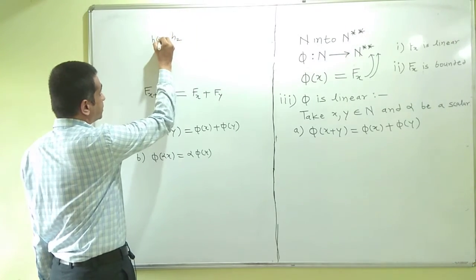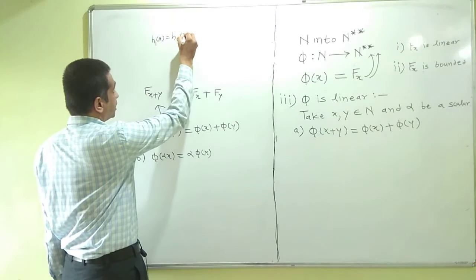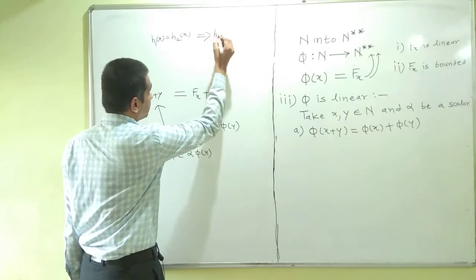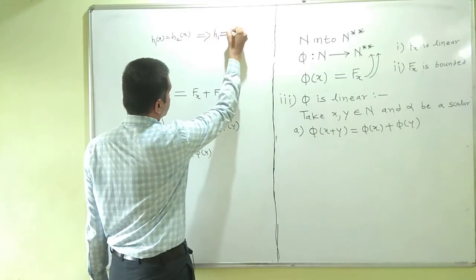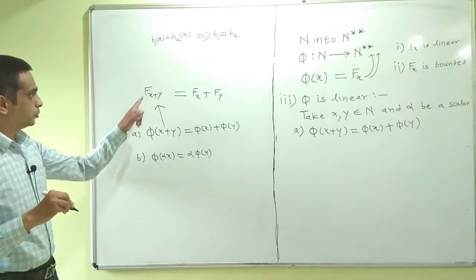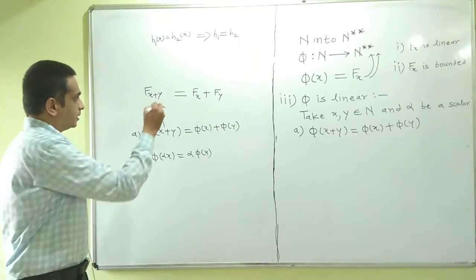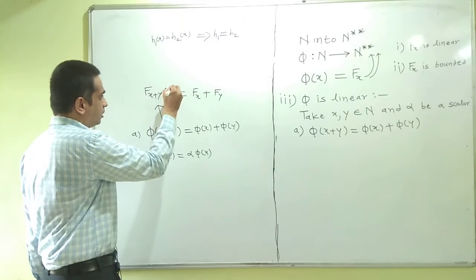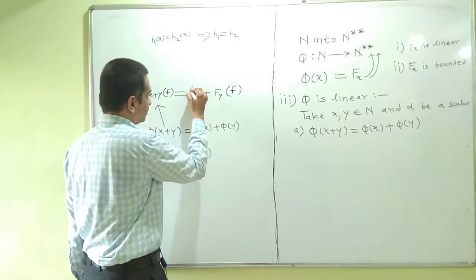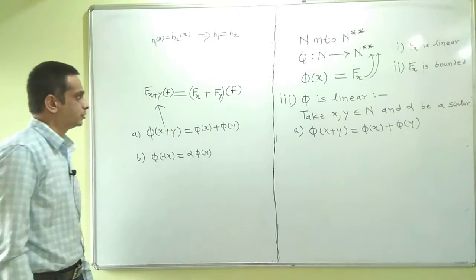If h1 of x is equal to h2 of x for all x in the domain, then we can say that h1 is equal to h2. So here we have to prove that at all points of the domain these functions have equal values.